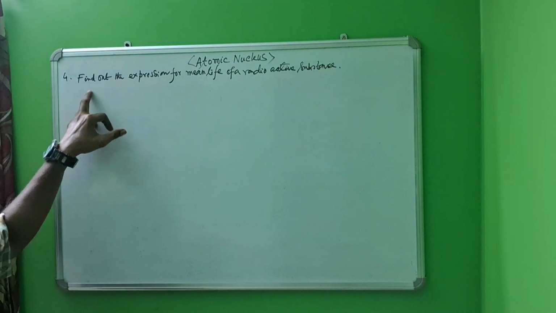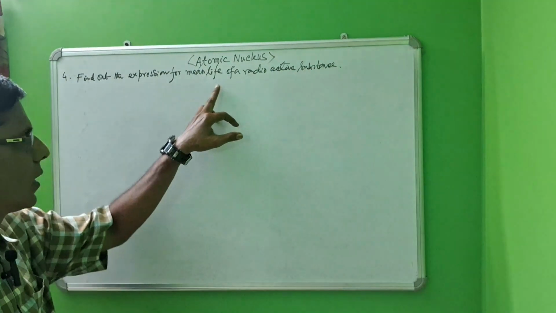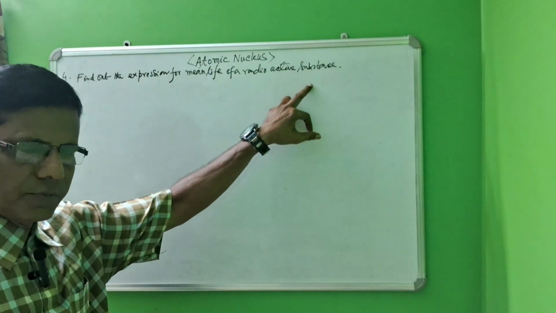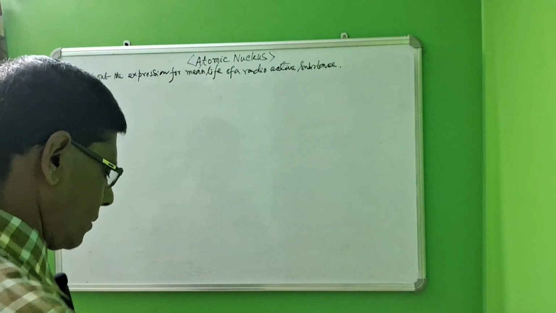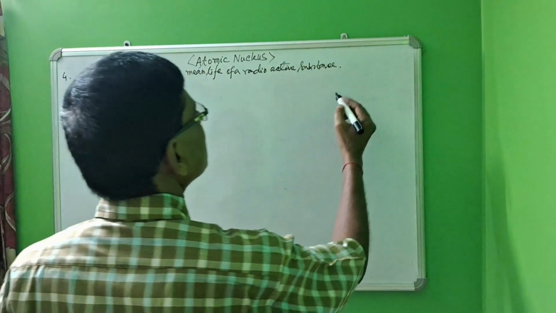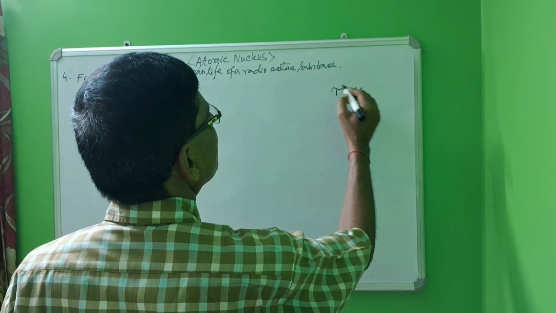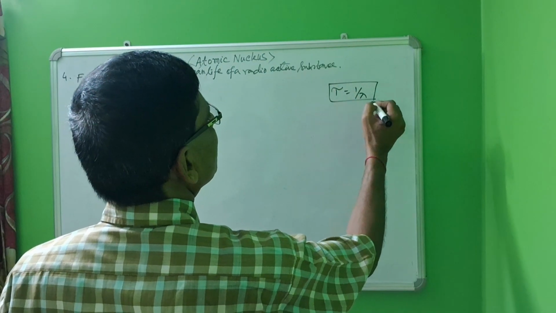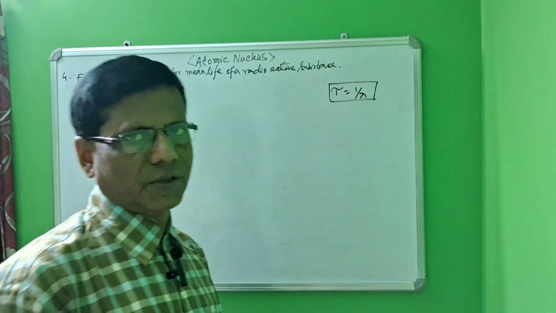This is a problem. Find out the expression for mean life or average life of a radioactive substance. The expression we know is tau equals 1 by lambda, where lambda is the disintegration constant.